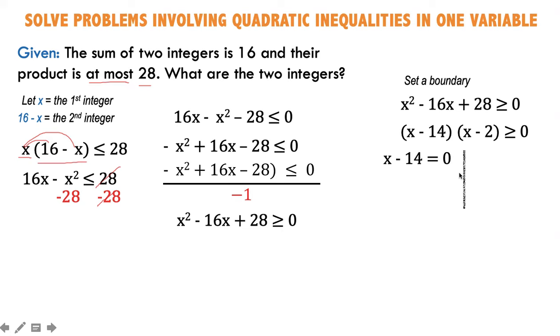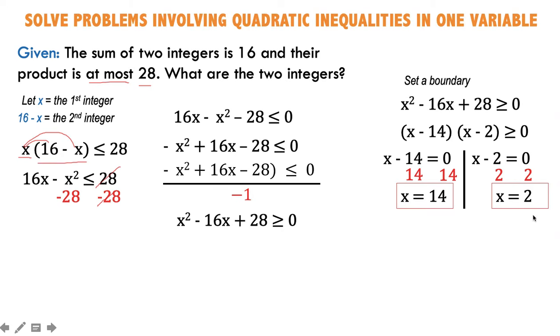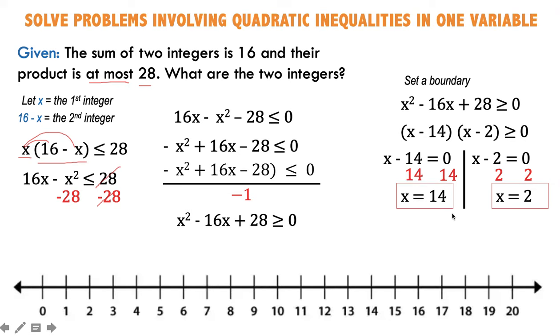So x minus 14 equals 0 and x minus 2 equals 0. On the left side, add 14 to both sides to isolate x, so x is equal to 14. On the right side, add 2 to both sides, so x is 2. So the critical points or boundaries are 14 and 2.